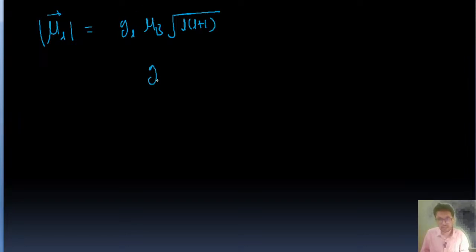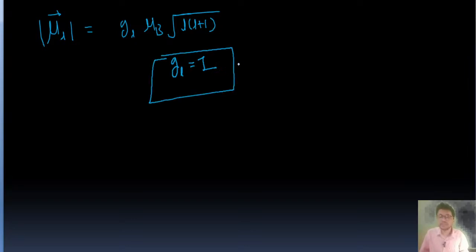Here the G L value is 1, guys, and this is called the orbital g factor.